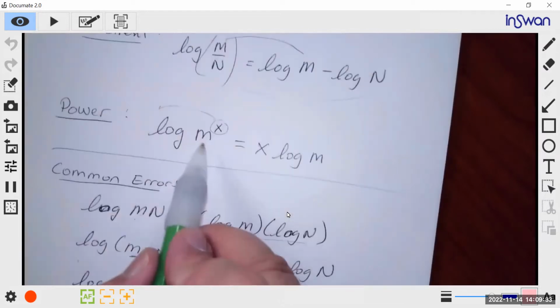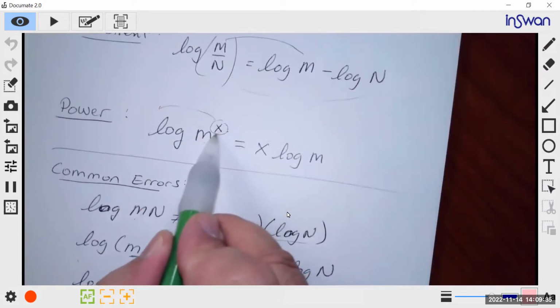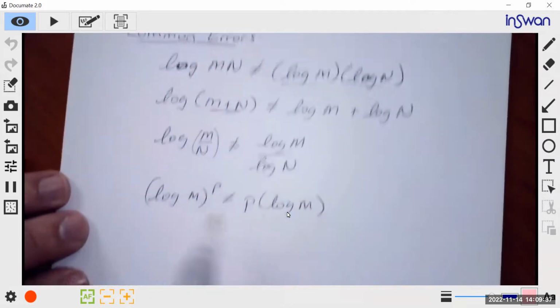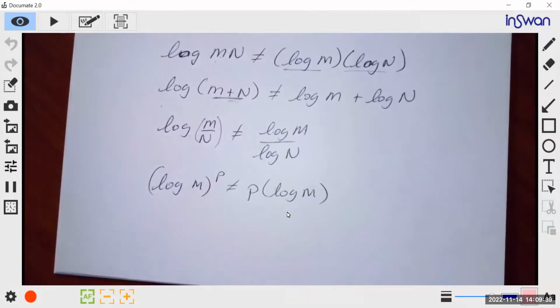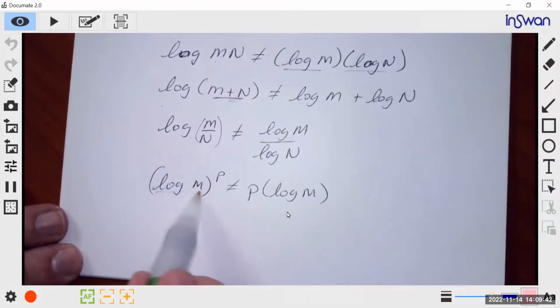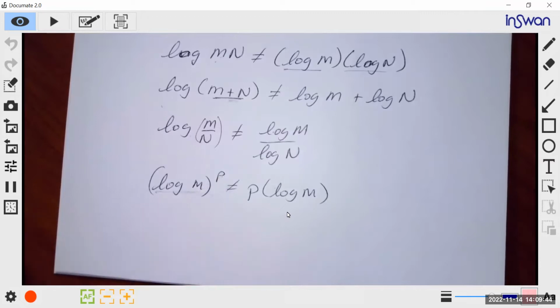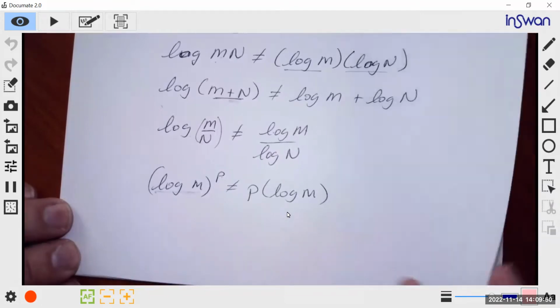I can only do that if it's a log of a number that's exponentiated. That's the only time I can bring it up, not if it's outside the parentheses. That means what I have to do here, I have to do this first and raise it to that power. Those are the properties. Let's look at some examples now.